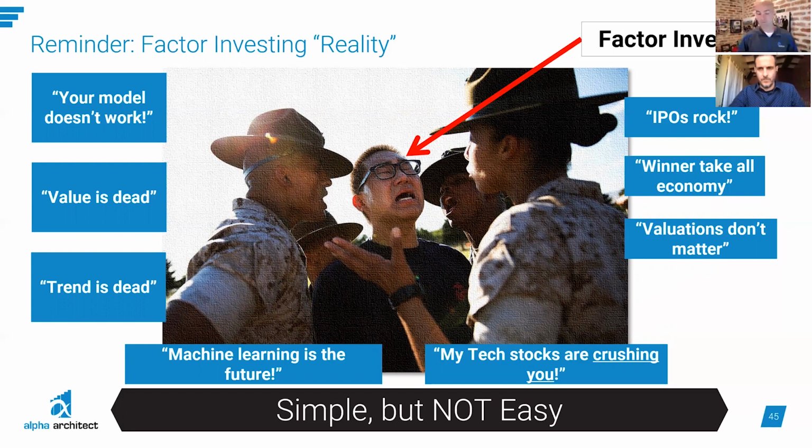But what people don't realize is that in the short run, this is your reality, right? There's always a narrative. There's always a story about why something doesn't work, why your idea is stupid, why things are different this time. But the main thing I like to highlight is all investing is really simple, but just not easy. And I'll end with that.